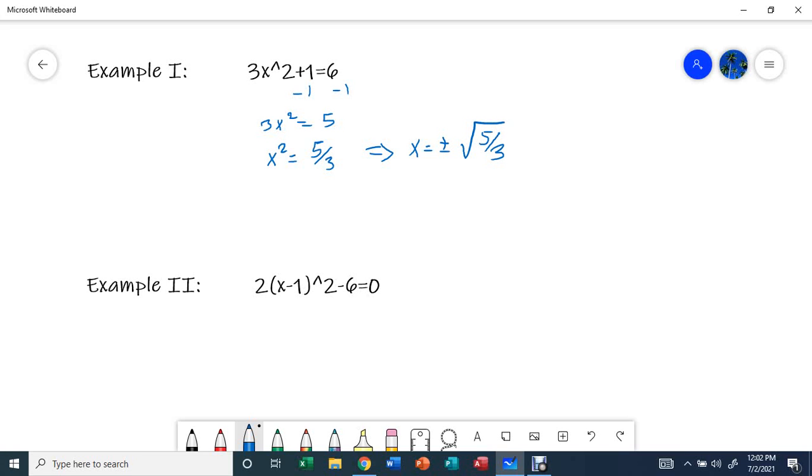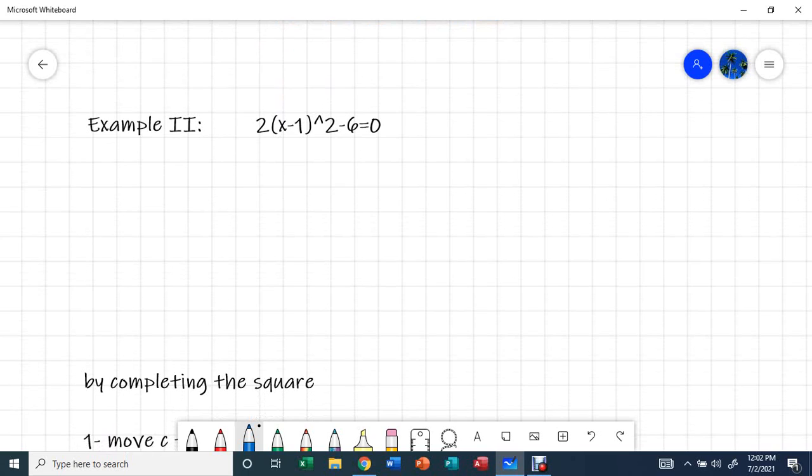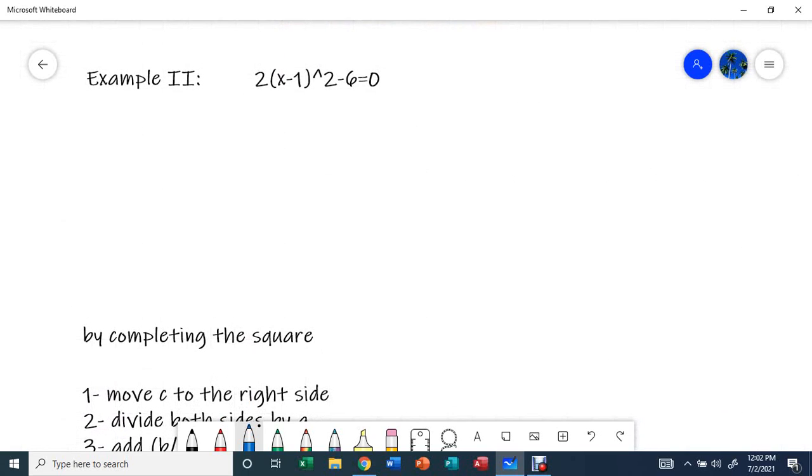So now let's look at the second example. So 2 times x minus 1, the whole thing squared, minus 6 equals 0. So again, first thing, add 6 to both sides.